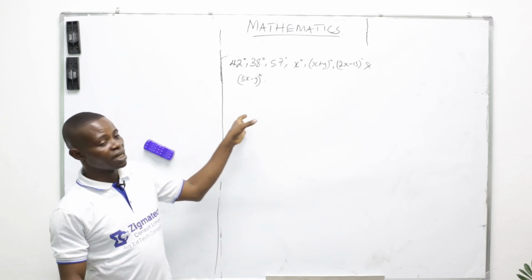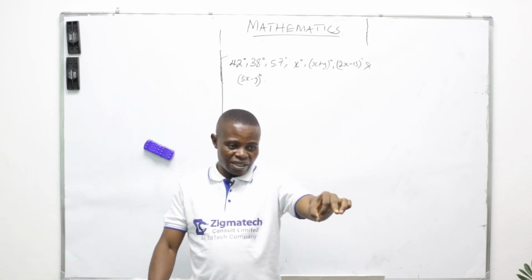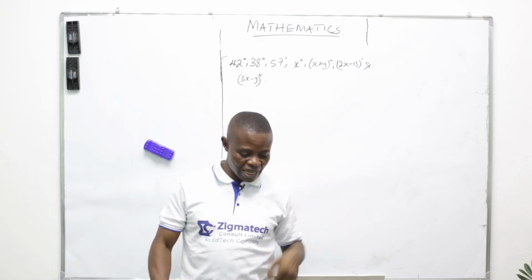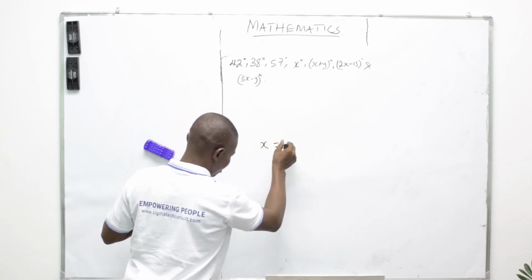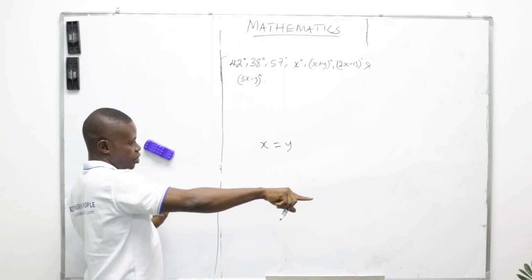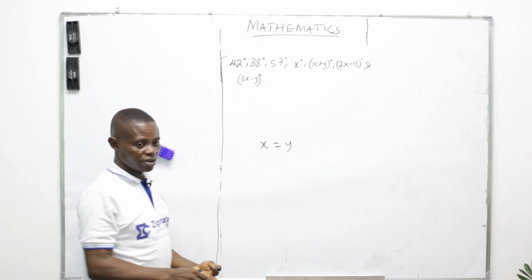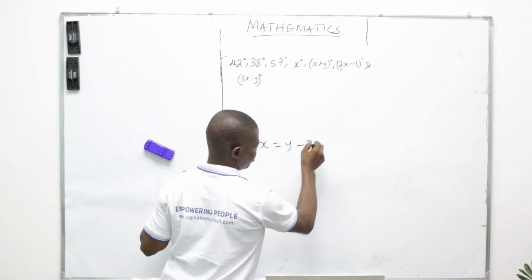Now, let us understand what they meant by x is 7 degrees less than y. If x equals 7 less than y, meaning y minus 7, or is it 7 minus y? Think about it. Minus 7.